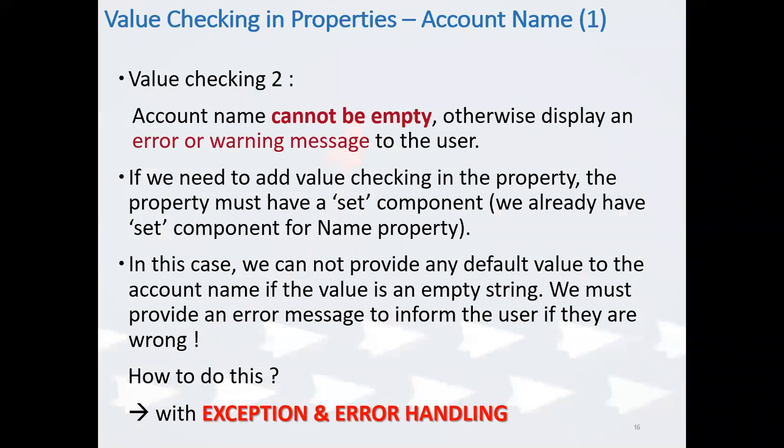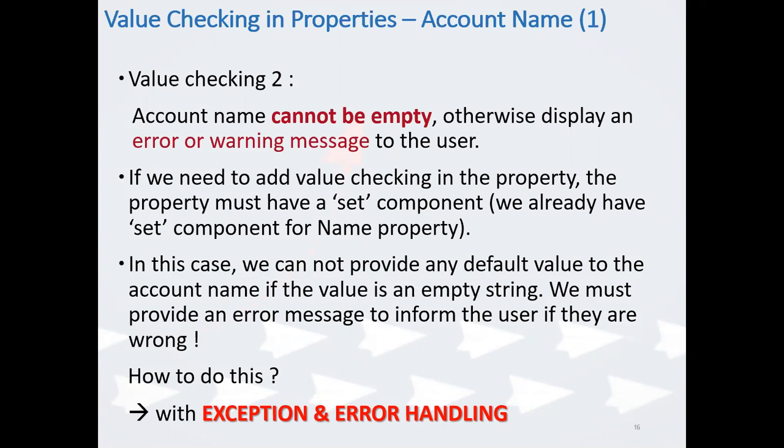Now, that's one. Next, name. In here, we want the name to have value, any value. It should not be empty. Currently, even if we don't put anything, we can have the account created, right?